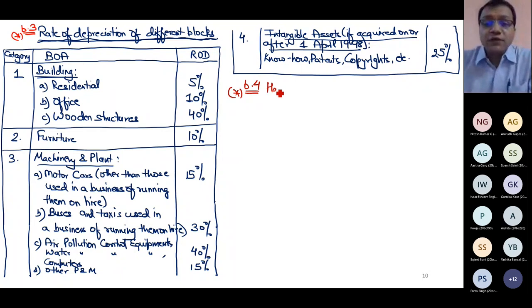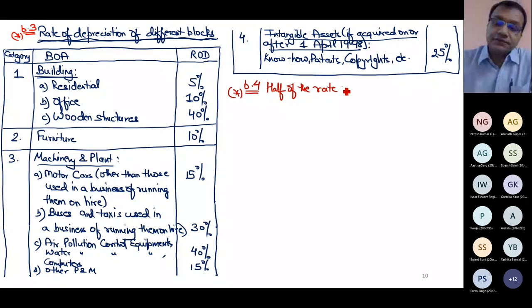B, half of the rate of normal depreciation. That means whatever are these rates, these will exactly become half by default.